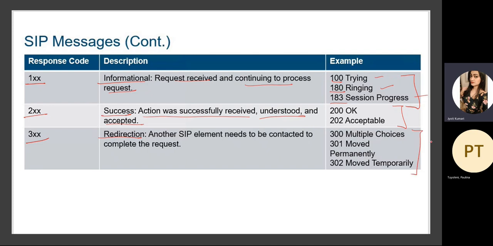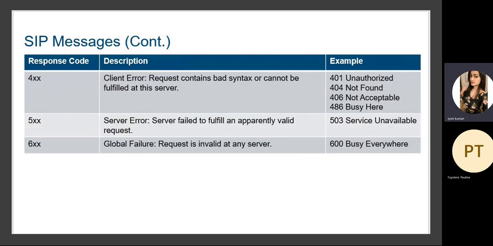Different types of 300 code messages are 300 for multiple choices, when you have the same destination number for multiple phones, or it is moved permanently or moved temporarily. So 301 is for moved permanently, when it does not exist at all. Temporarily means maybe it is forwarded, that is temporary. So these are some SIP response codes.